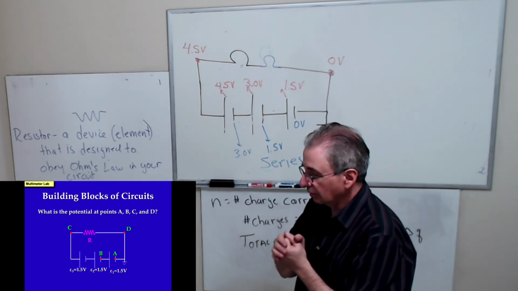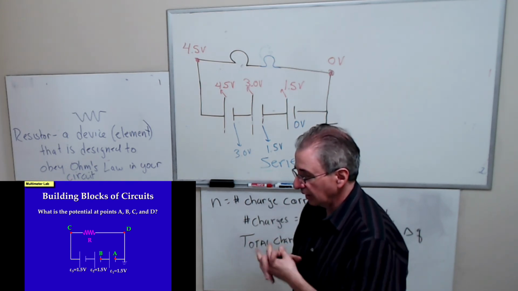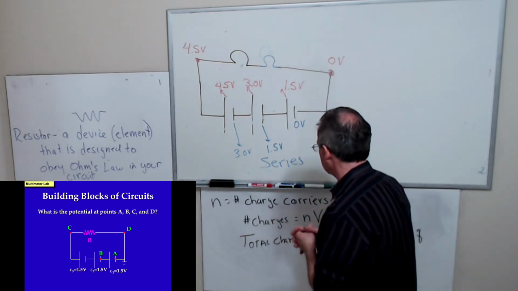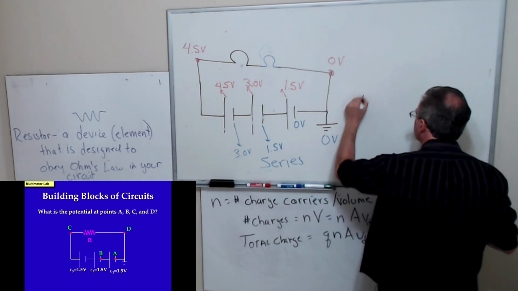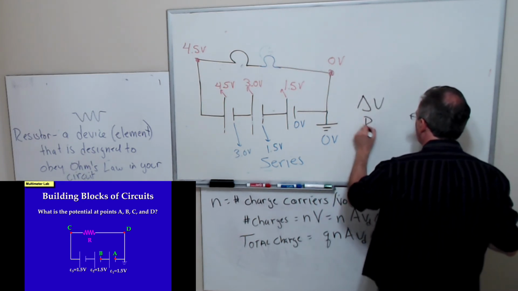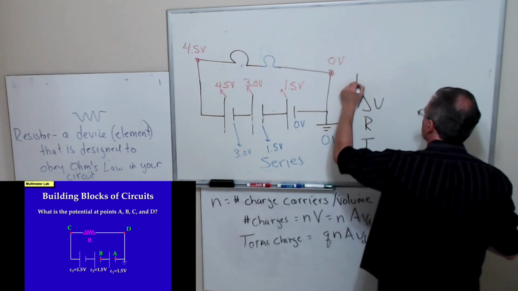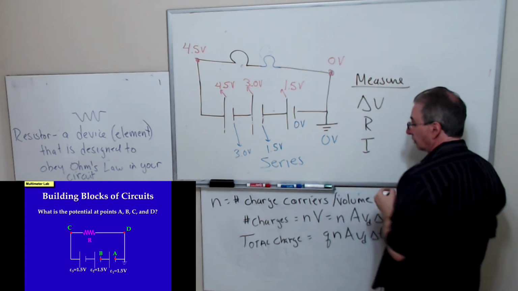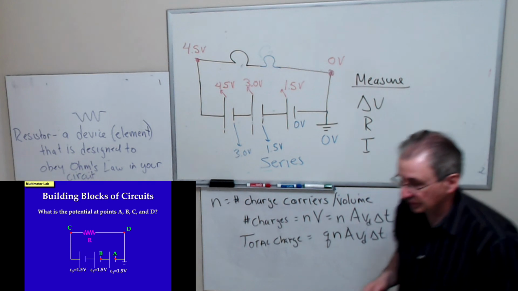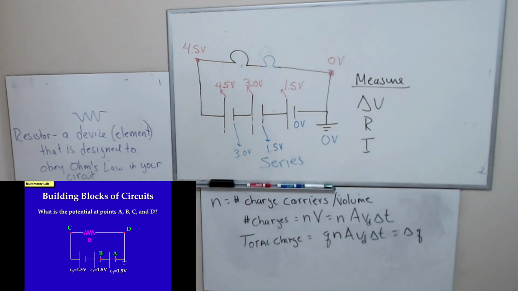Okay. So what you need to learn how to do is to make measurements of delta V, R, and I. So your lab, let me show you a picture of the document.